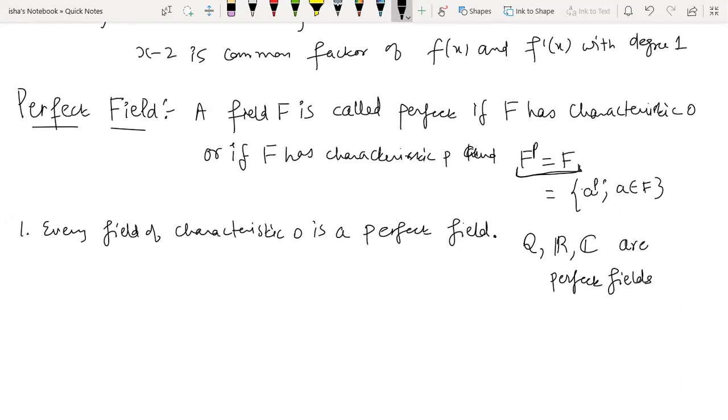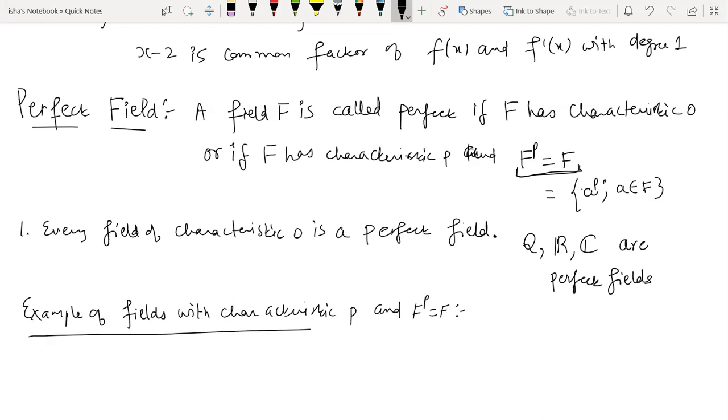So now to give you an example of the second kind of fields: examples of fields with characteristic p and F raised to power p equal to F. For this you can have examples Zp, right?